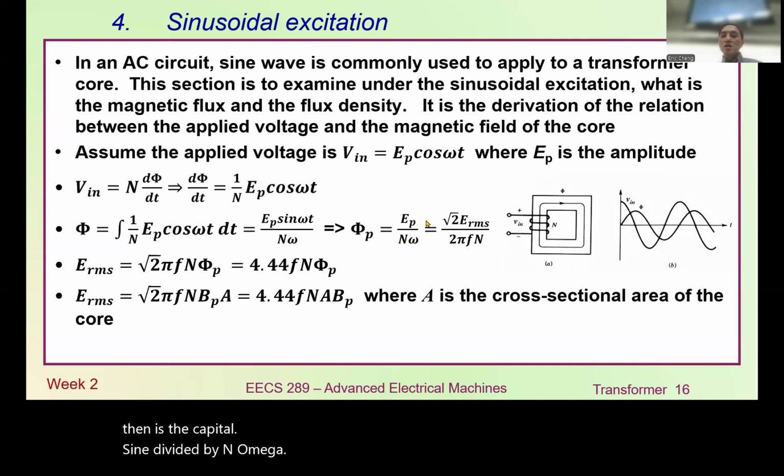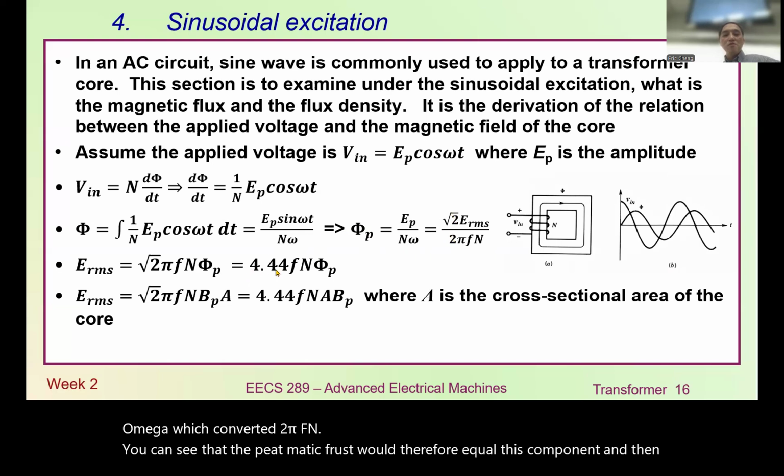So this is the peak amplitude. So we take root 2 times the RMS value, and omega converts to 2 pi f n. That means you can see that the peak magnetic flux will equal this component, and then we replace this root 2 pi by 4.44.